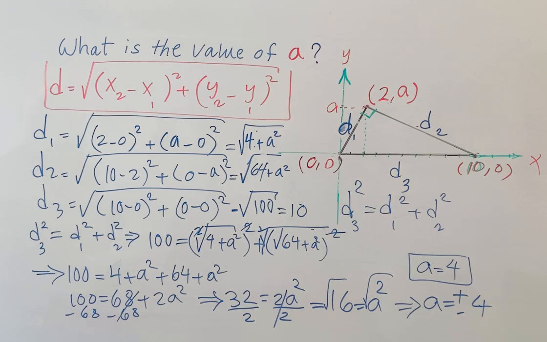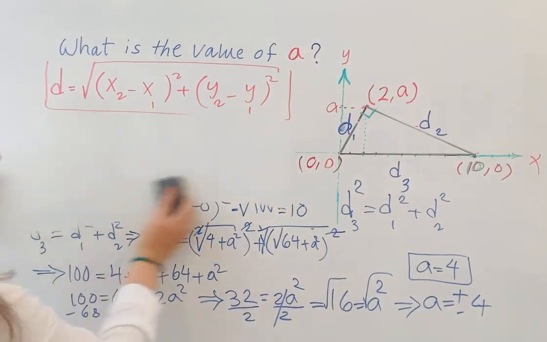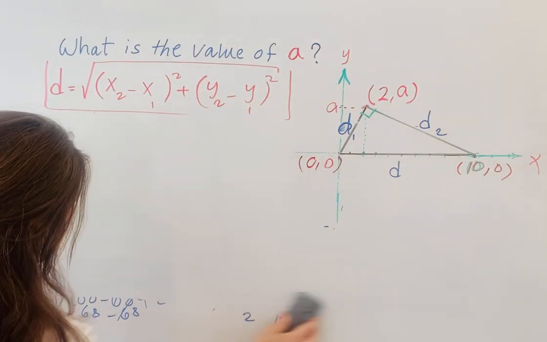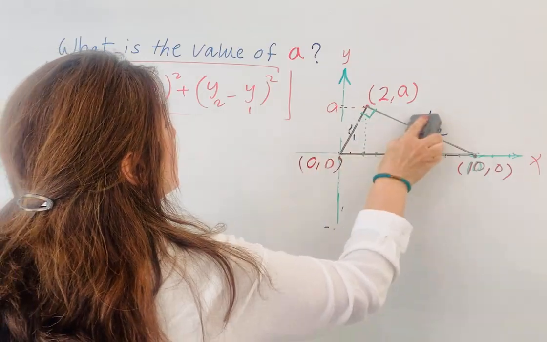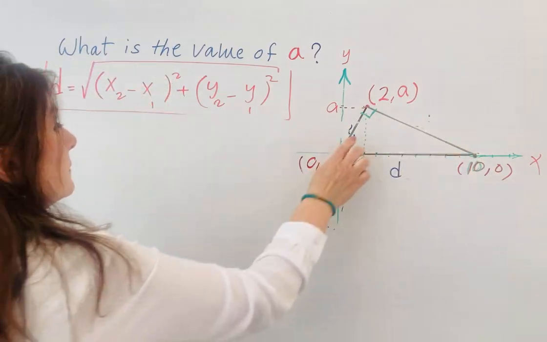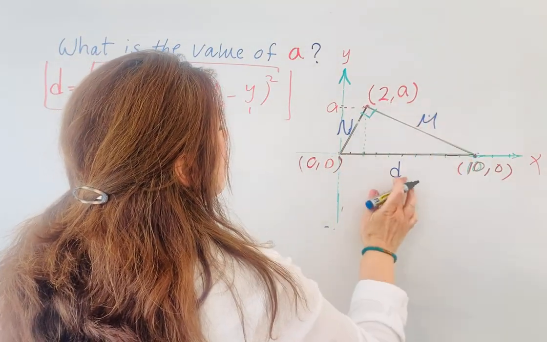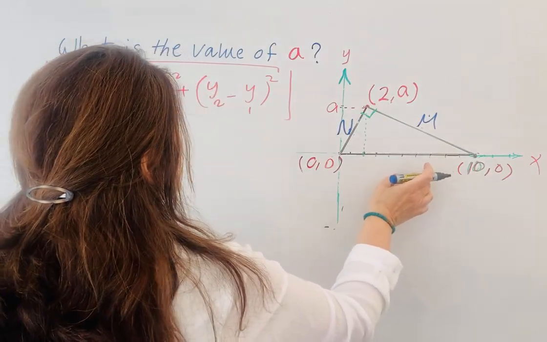Okay, hope you like this one, but I could solve this problem in a much easier way. How? Without using this one, I can call this n, here m, and this is the hypotenuse.